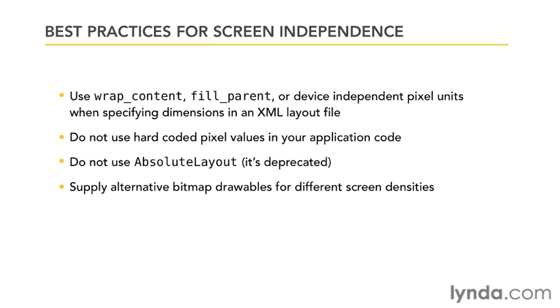The Android system will automatically create those versions for you if you don't provide them, but specifically for things like icons, when you get to a really small icon size, you may actually want to change the design or tweak some specific properties to make it look better on smaller devices. So with these concepts in mind, you can make sure that your application is going to look as best it can on all of the different Android devices that are out there.